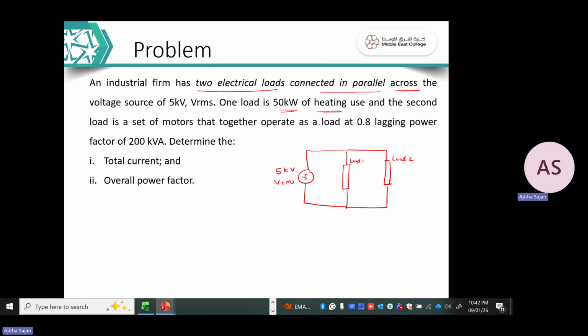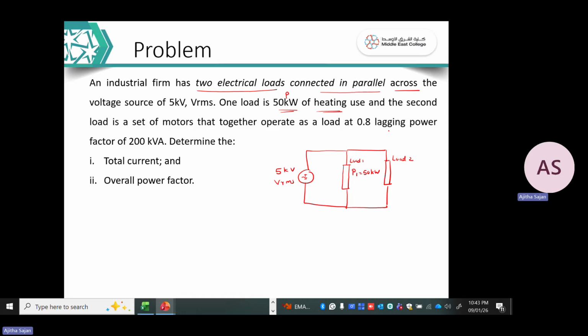From the unit itself you understand that this is average power, capital P, because it is not a reactive power, only the pure power component is there. So for the first load I'll write P1 is equal to 50 kilowatt.